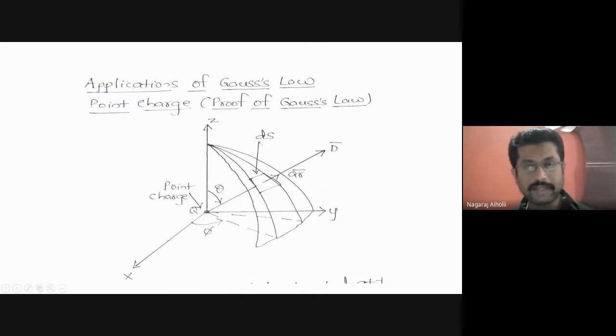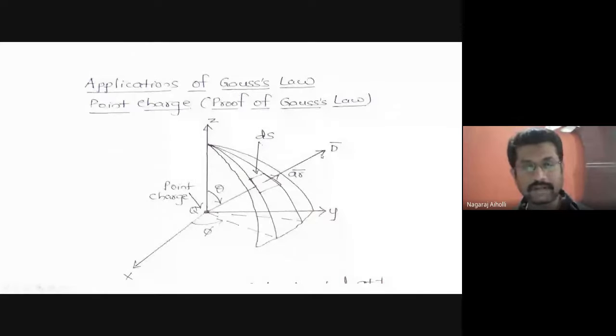Can you tell me what may be the angle between D bar and ds bar? It is 0, right? Because D bar is in this direction, perpendicular to ds, and the direction of ds is also the same as that of D bar.